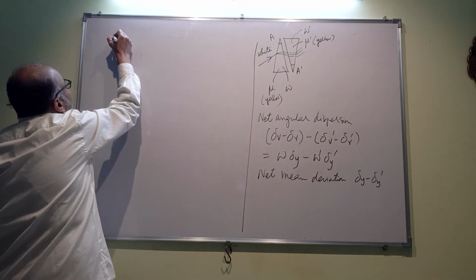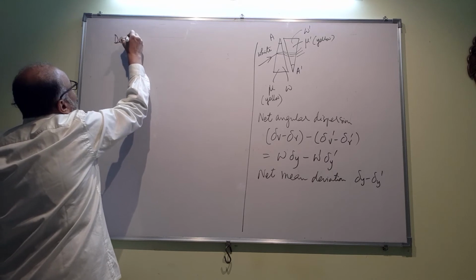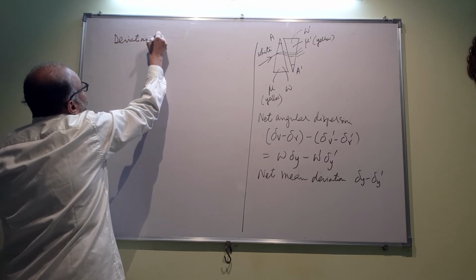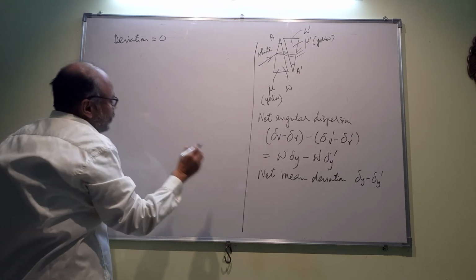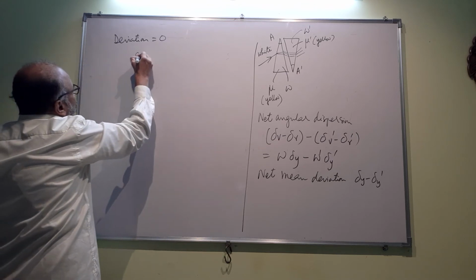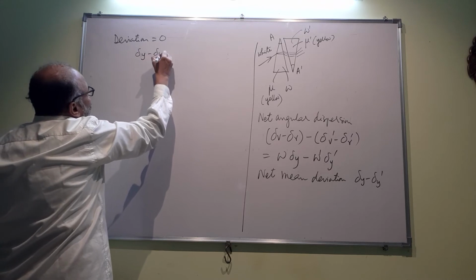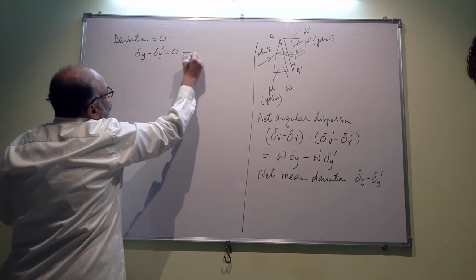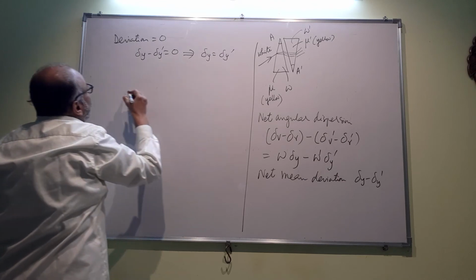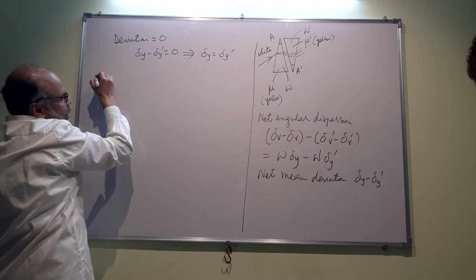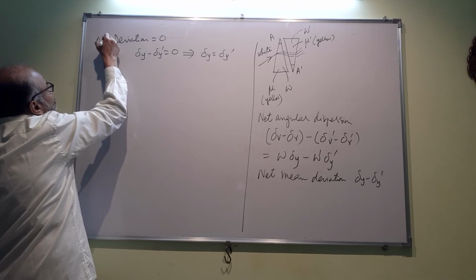So the deviation is 0 and dispersion is there. If deviation is 0, we can say del y minus del y dash is equal to 0, which implies del y is equal to del y dash. The net deviation is 0.